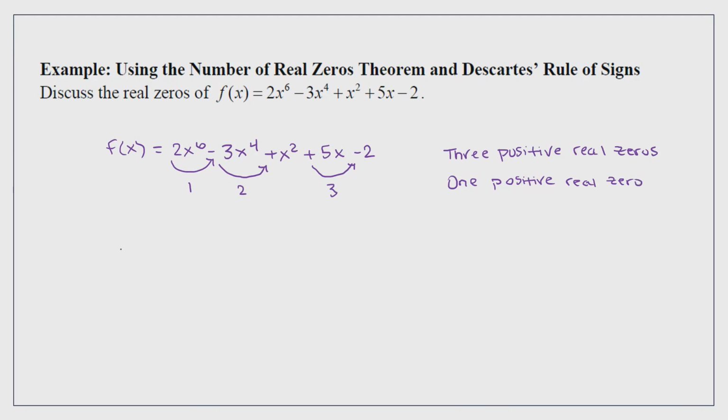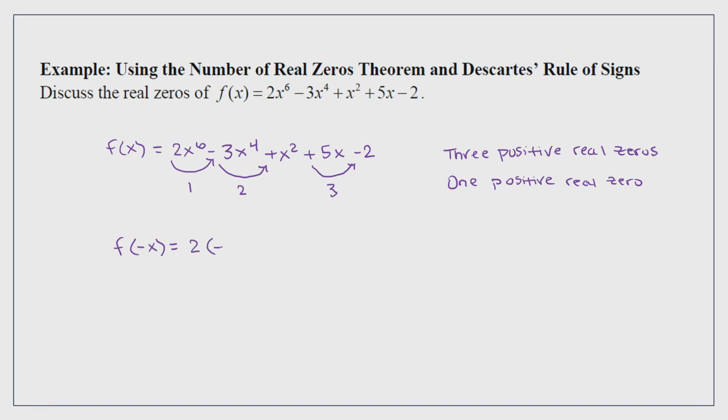Okay, now let's find the negative. So to find the negative, we are going to find the number of variations in f of negative x. We are now going to multiply all of our x variables by negative 1. Okay, so let's do that.